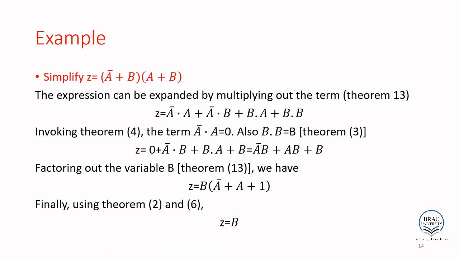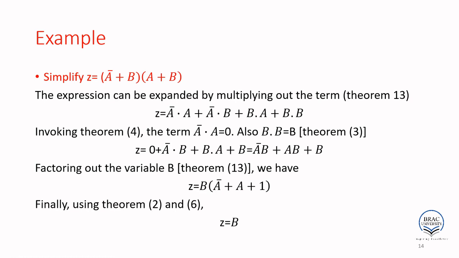Here is another example. Z equals A prime plus B into A plus B. So first you multiply A prime with A, A prime with B, then B with A, B with B. Then using theorem 4, it can be written as A prime dot A equals 0 and B dot B equals B from theorem 3.